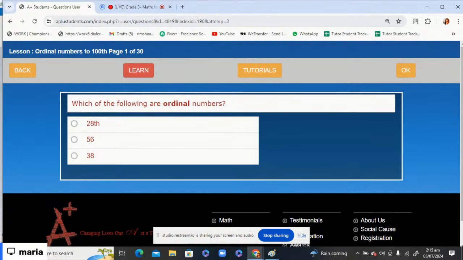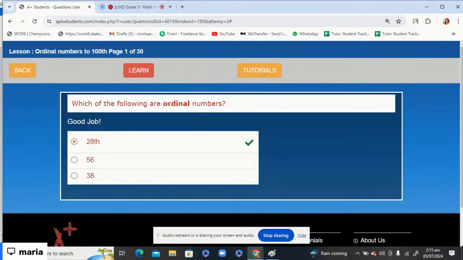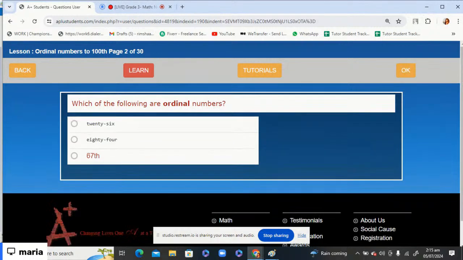The 13th, 10th, 7th, 5th, 4th, 2nd, 1st, like these kind of numbers. So in these three numbers, which one has th with it? Good, it's option A, 28. Very well done.